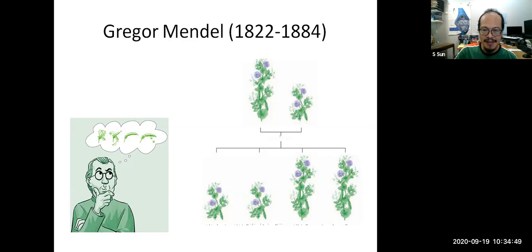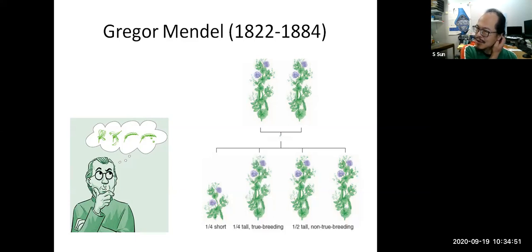And then he also did the two tall. He thought, if I have two tall plants, would the result be only tall plants? He found that no. He got three tall plants, but about 25%, like a quarter, of the offspring are short plants. Then why is that?